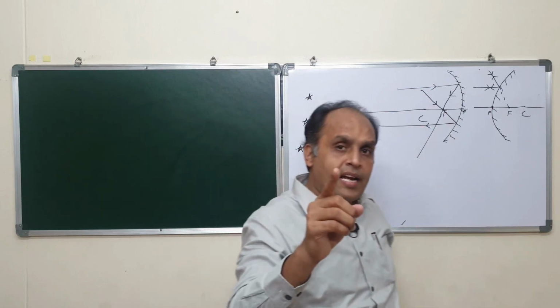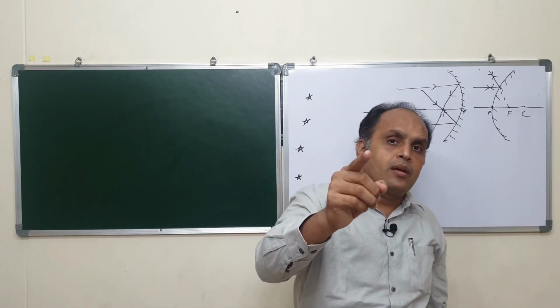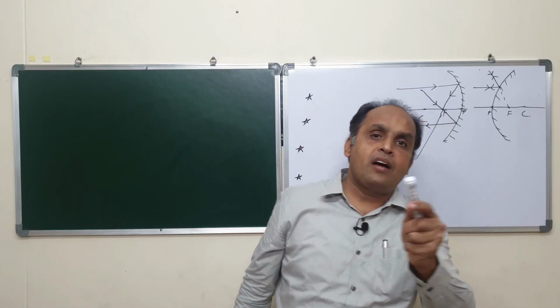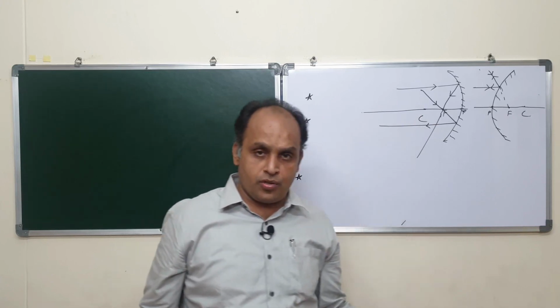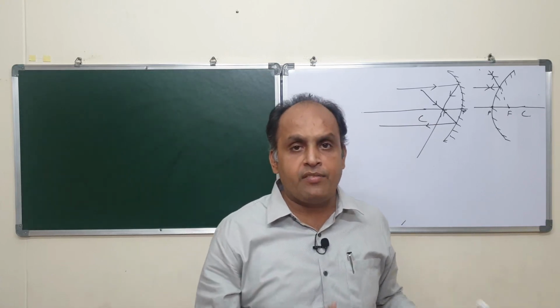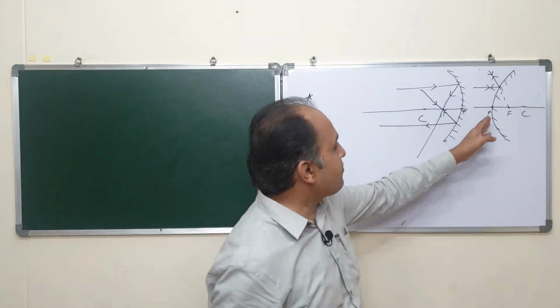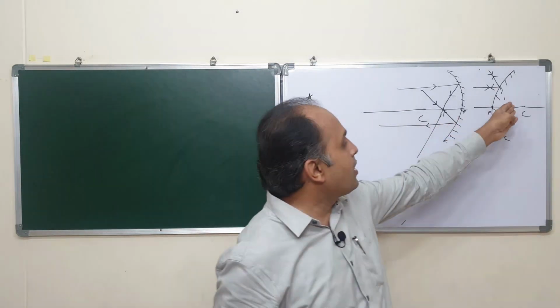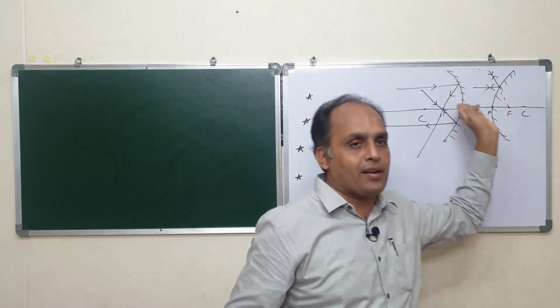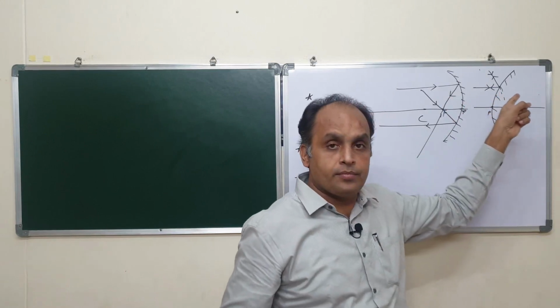So any ray of light which first passes parallel to the principal axis, after reflection goes through the focus, and any ray of light which first passes through the focus, after reflection goes parallel, or if it is appearing to come from the focus, it goes parallel, like this.